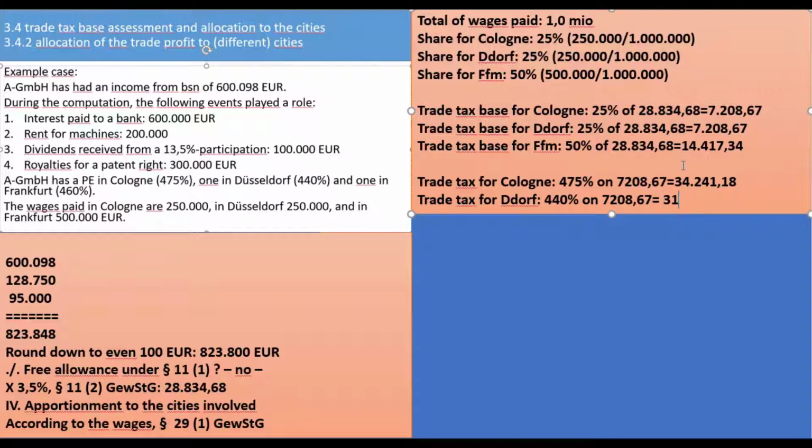So that would be 31,718.15 or 14. And the trade tax for Frankfurt Main would be 460% on double the amount. So here I hope that it's 66,319.76 or so.